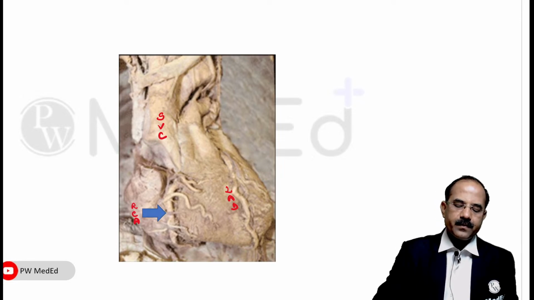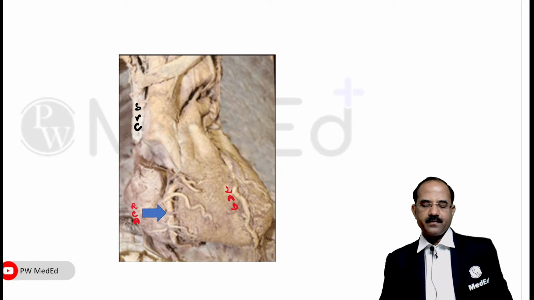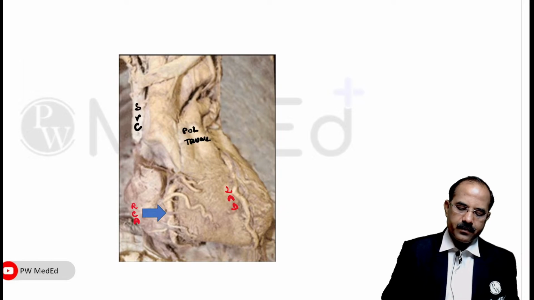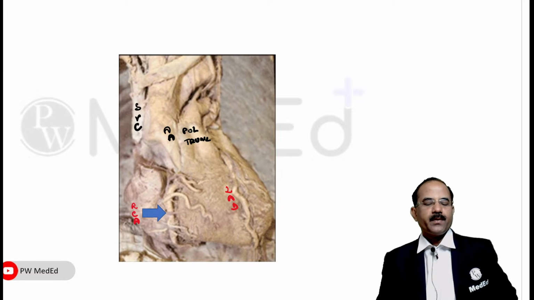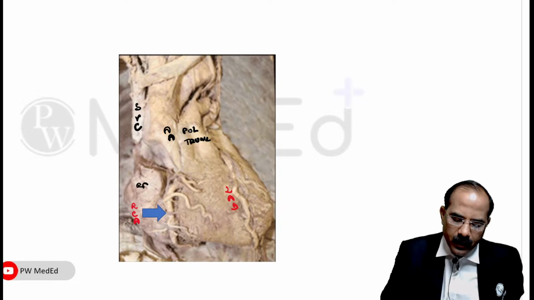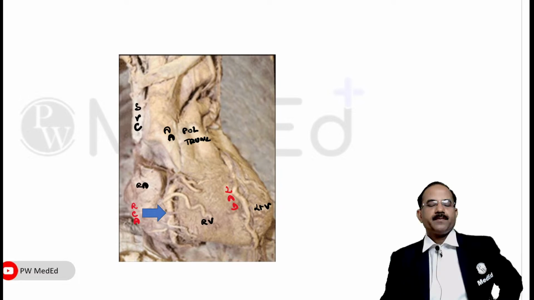No, that's not the SVC. Yes, IVC. This is the pulmonary trunk. That's the ascending aorta. This is the right atrium, that's the right ventricle, and that's the left ventricle.